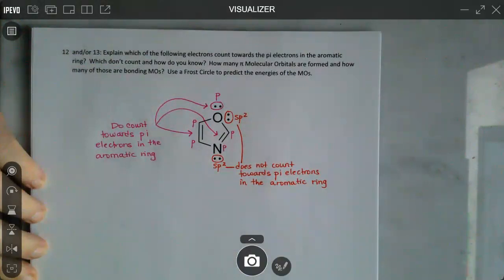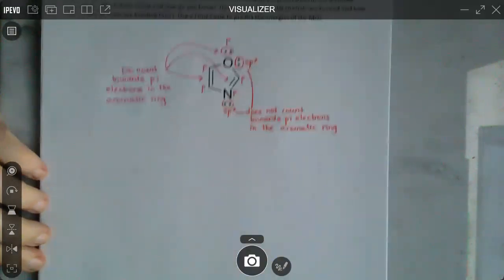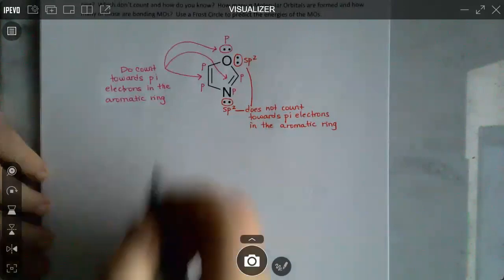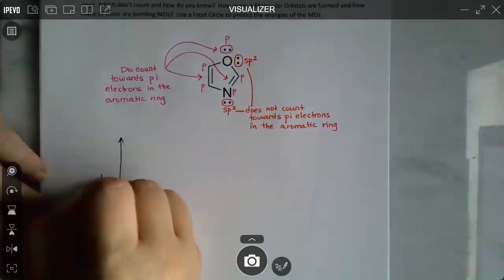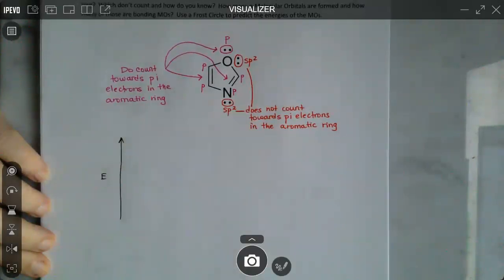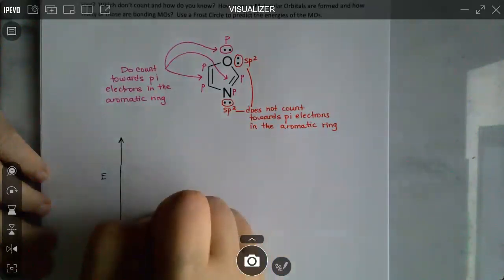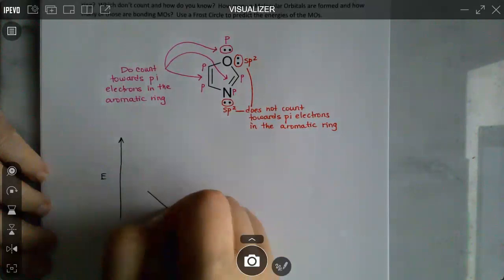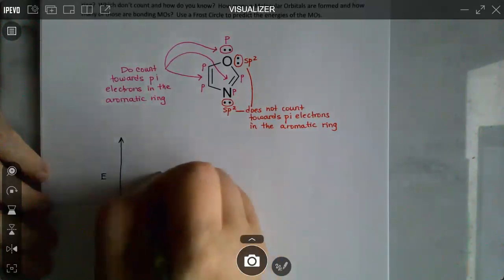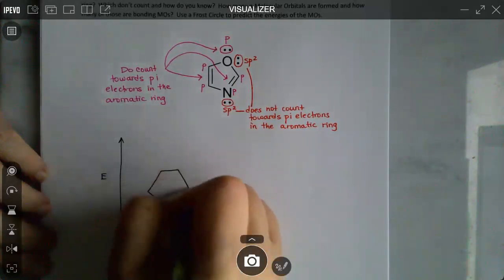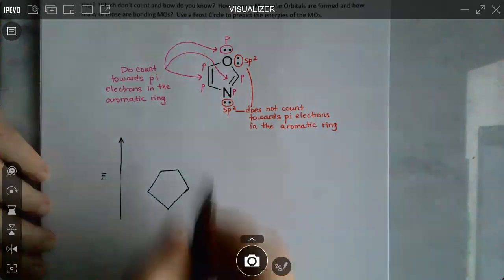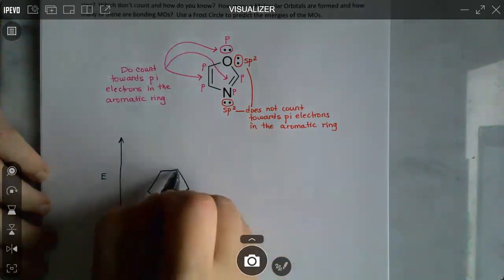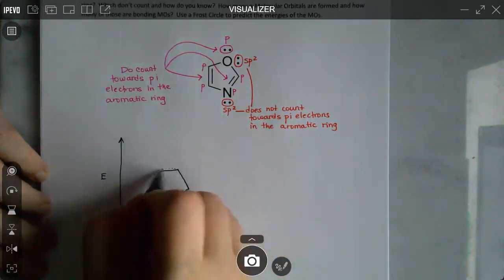So if we think about a Frost circle for a 5-membered ring, we want to put one of the points down. I'm not very good at drawing them, but you won't have to draw one on the exam. And then this would be inscribed in a circle.